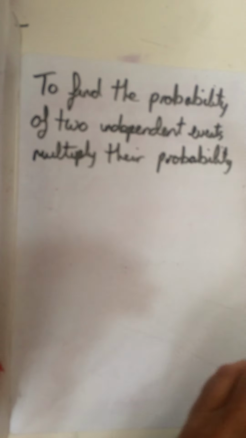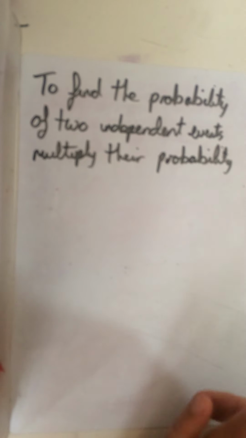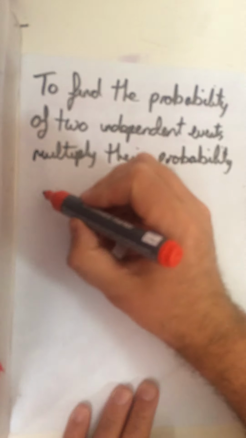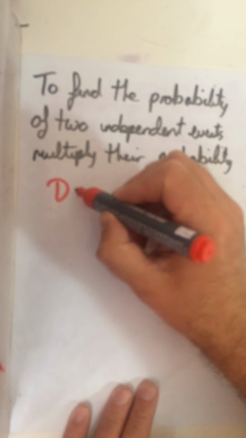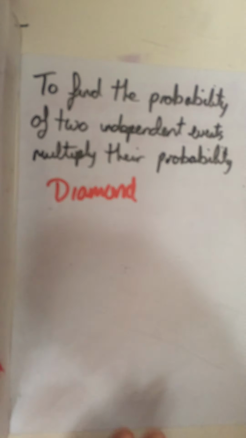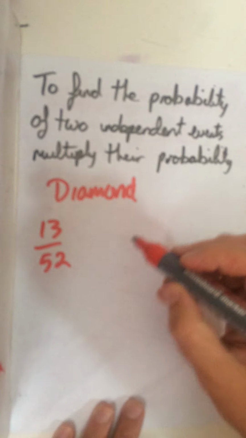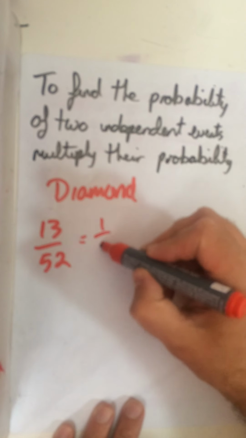Right, let's try that also with cards, okay? So I'm going to have 2 attempts to pick a diamond in a pack of cards. Now, remember, there are 13 diamonds out of a pack of 52, and that's simplified as 1 in 4.